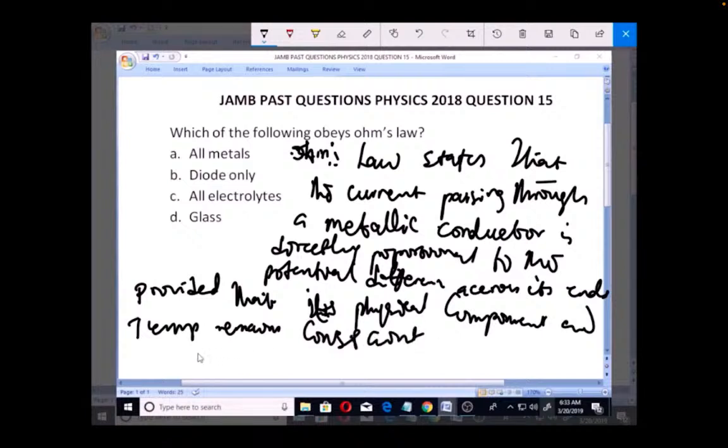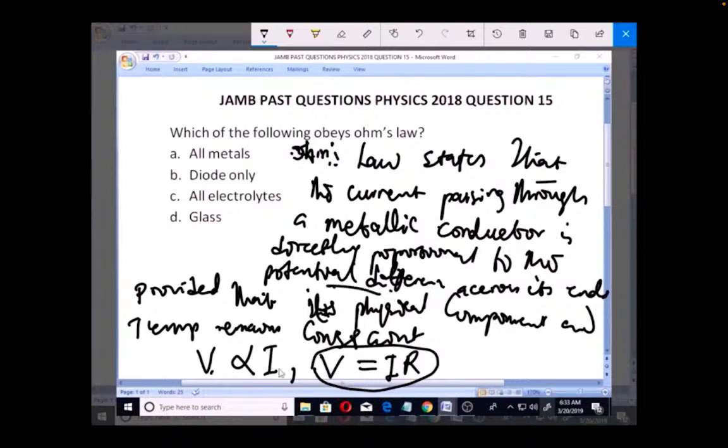In equation form, you can say that the potential difference is directly proportional to the current. And when you remove the proportionality sign, you put equal to and introduce a constant, and that constant is known as resistance.